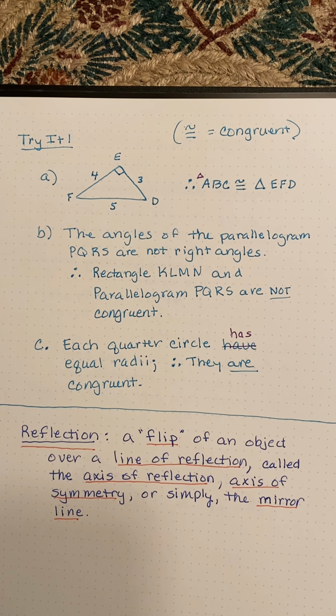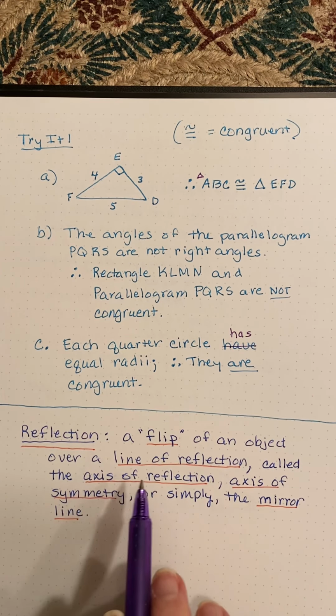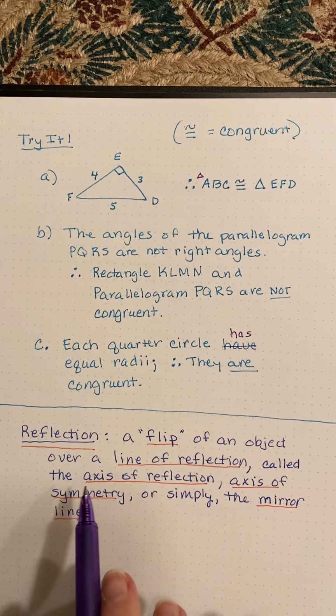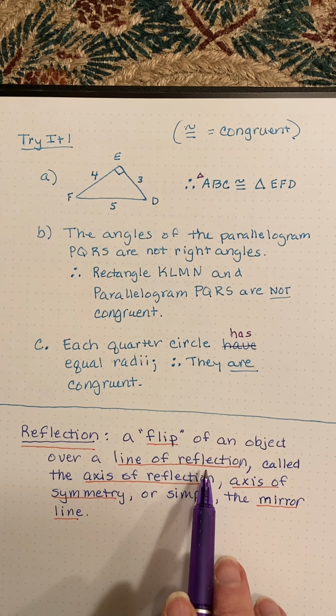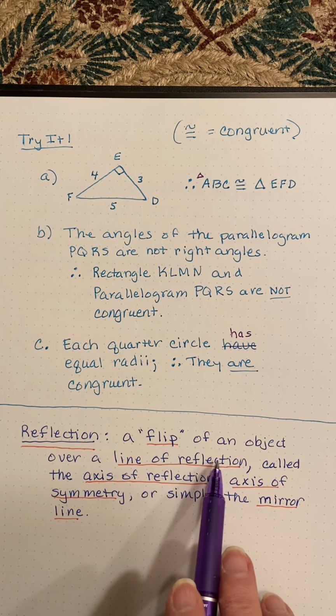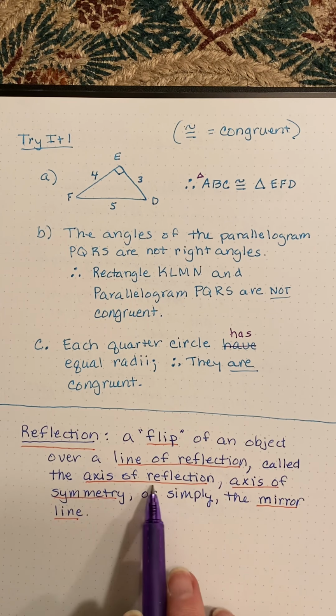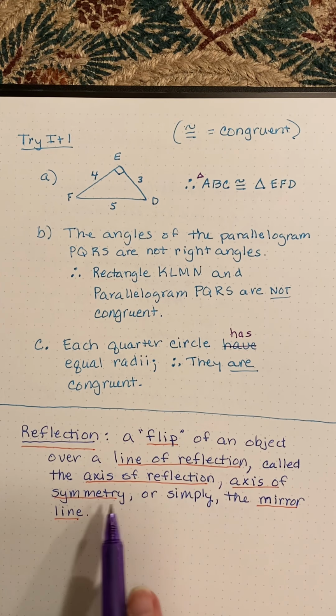Now let's move on to reflections. These are a little trickier. A reflection basically is a flip of an object over a line of reflection. And that line of reflection is called either the axis of reflection, the axis of symmetry, or simply the mirror line.